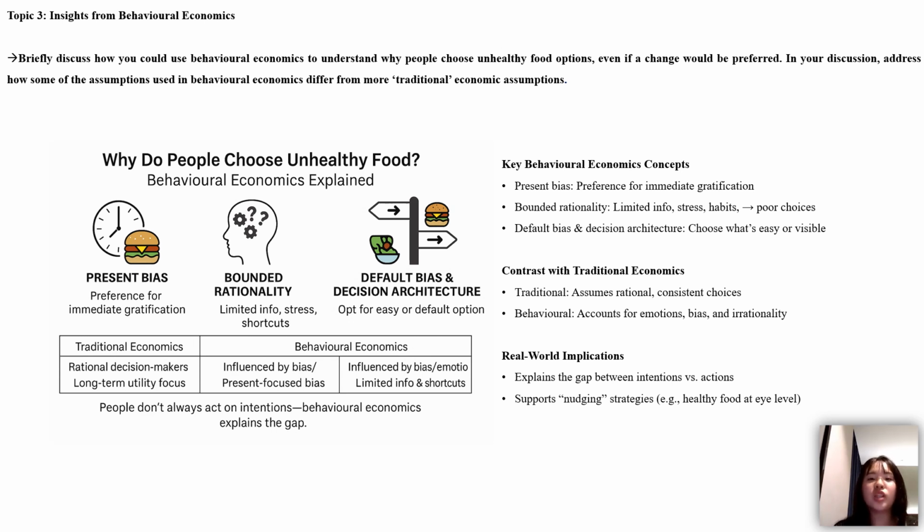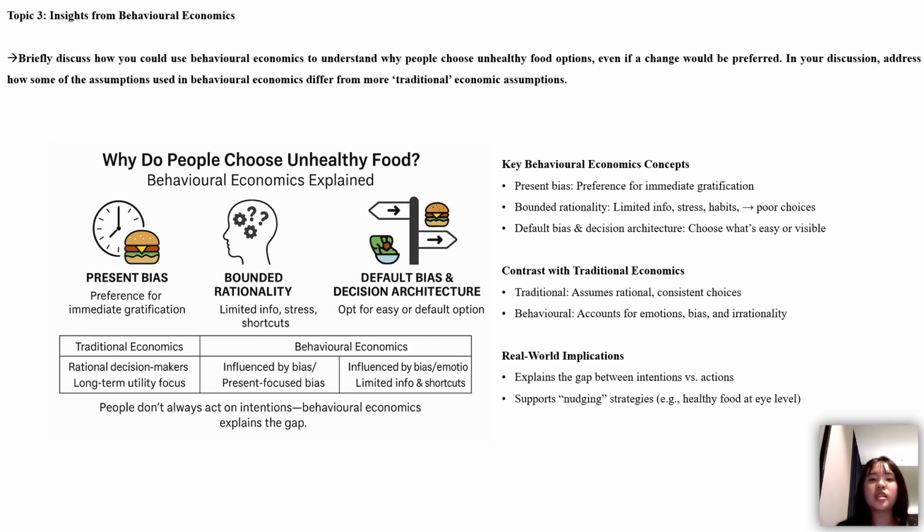But in real life, we know it's rarely that simple. Behavioral economics tells a more realistic story. It accounts for biases, emotions, habits, and decision shortcuts that affect everyday choices, including what we eat.